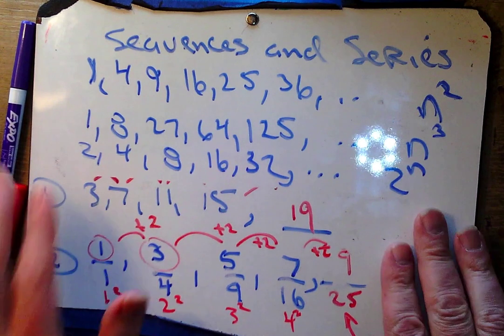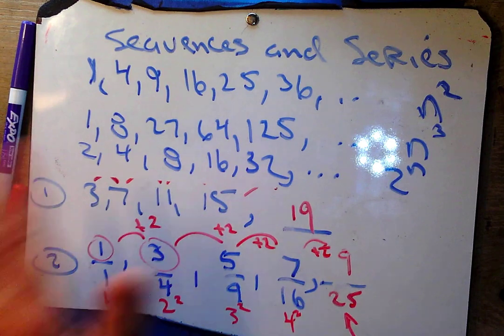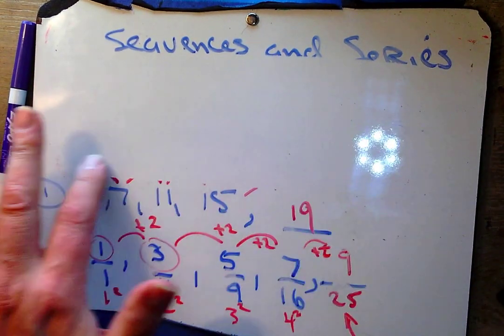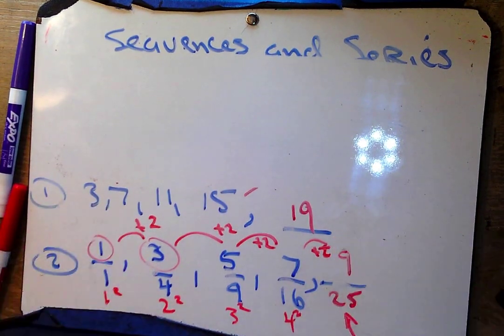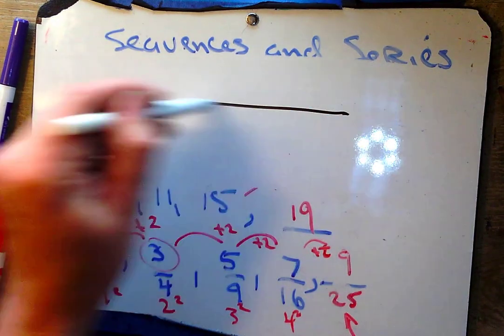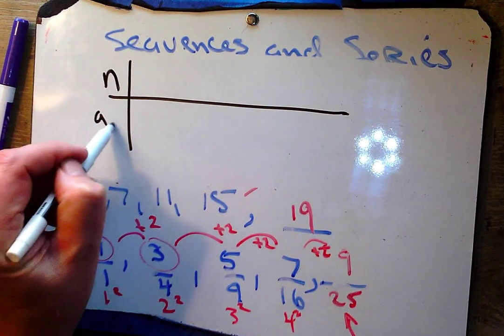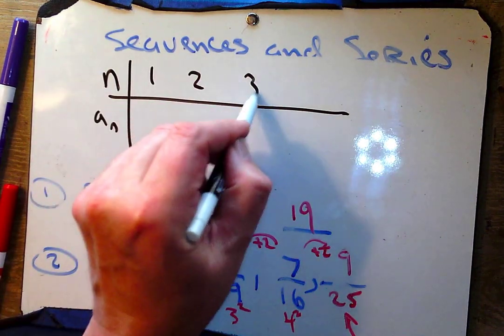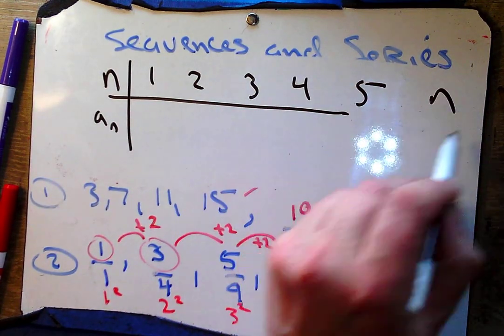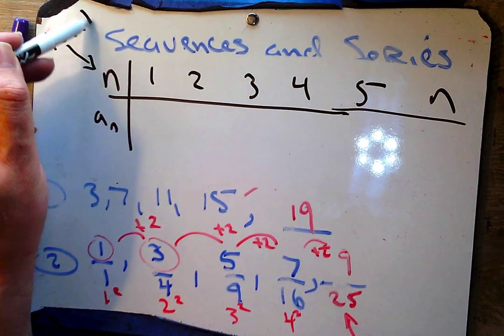Now, in addition to asking us for the next term in each sequence, we might be asked, what's the rule here? And I kind of want to say that these problems are made easier when you provide a little structure and information. So n, a sub n. So n is term number.